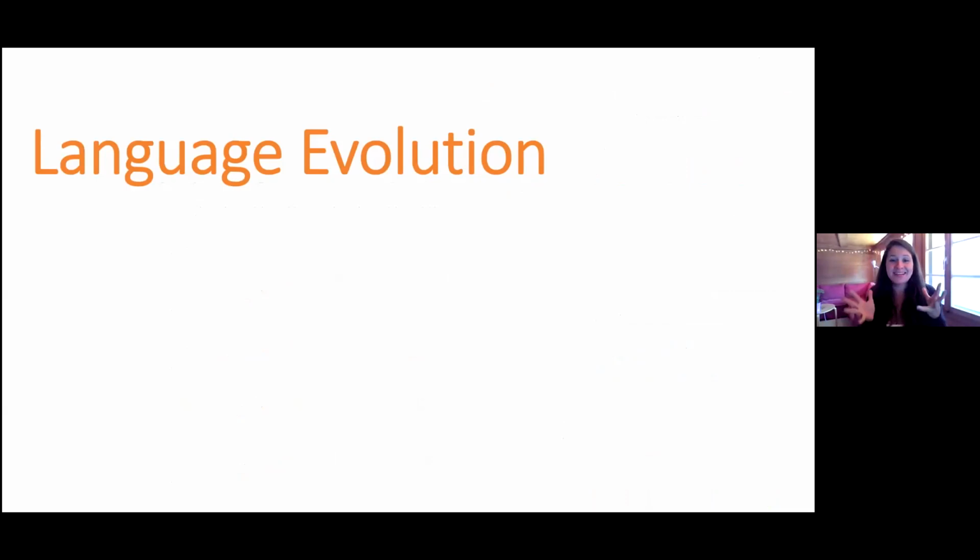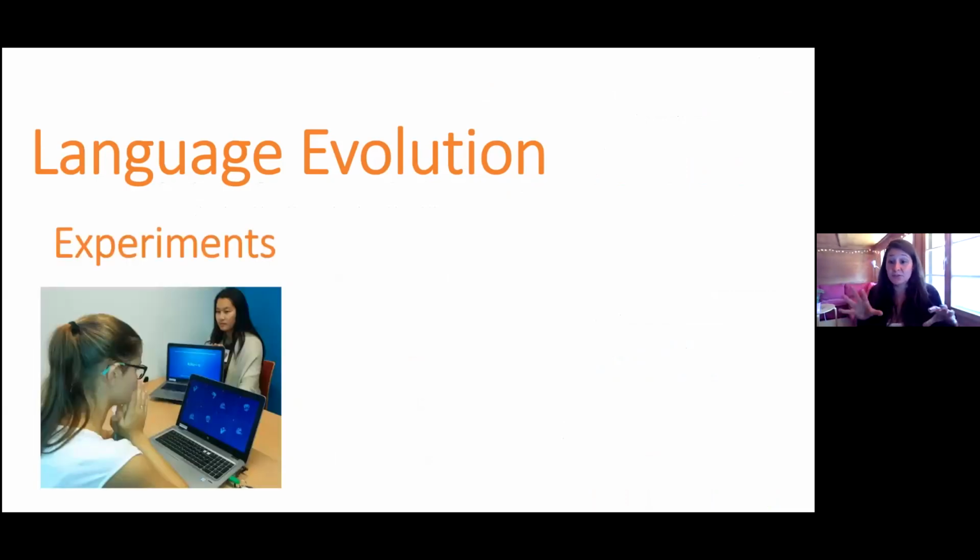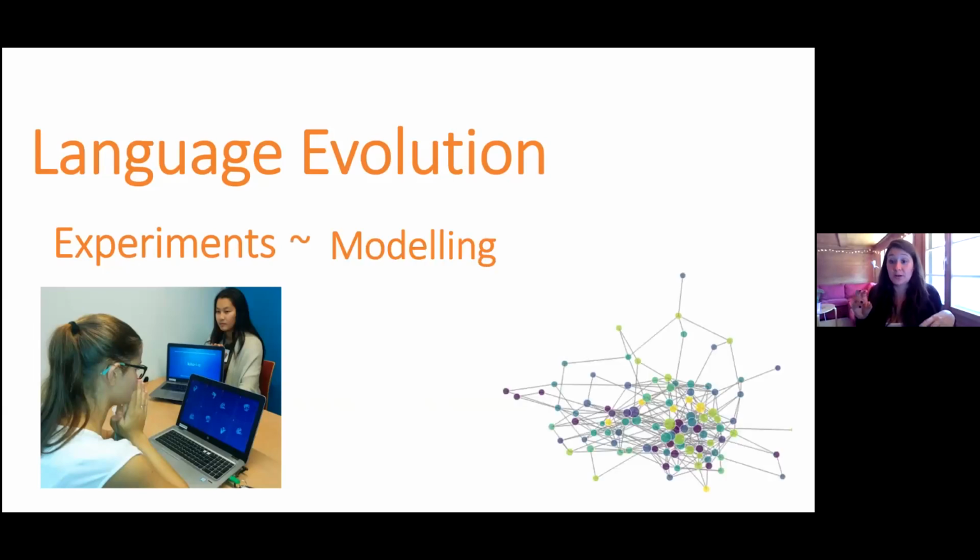So the next step I plan to take is to link these experimental results to computational modeling. And the idea is to take the patterns that were obtained from the real groups of human participants during the group communication study I showed you before, and to compare them to patterns obtained from different size populations of interacting simulated agents.